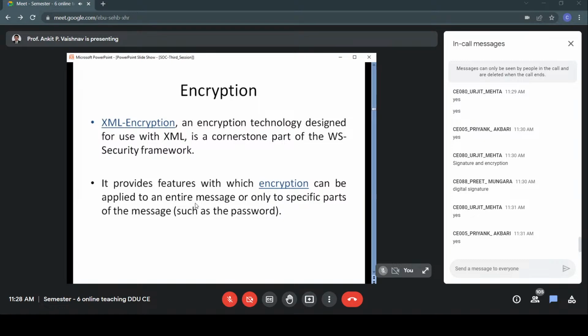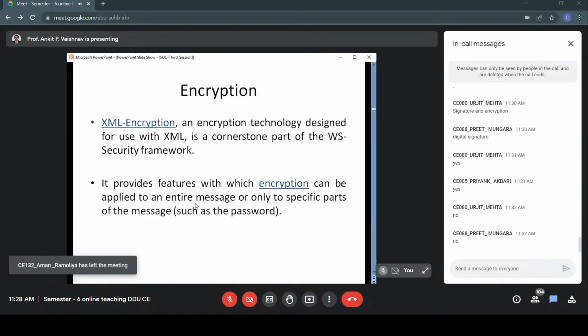Is there any point in encrypting the source address, destination address, and all those headers? No, right? If you are having B2B communication and you are storing the password to access that service, definitely you will be encrypting that part, right? That header that contains your password. Yes or no? But the other part does not have to be encrypted.